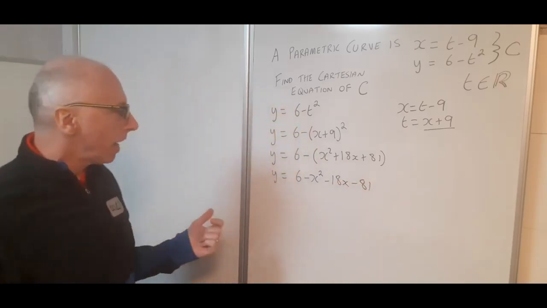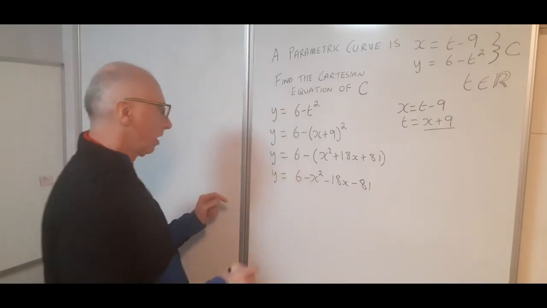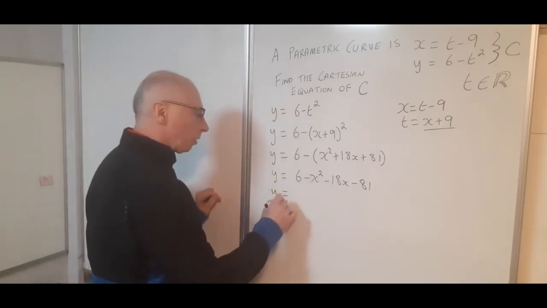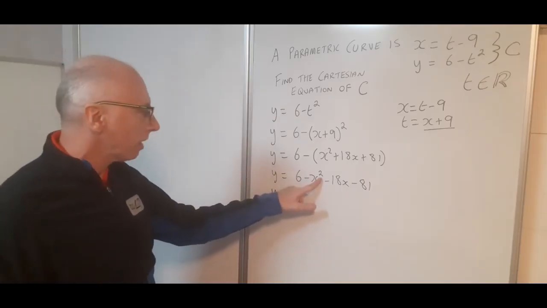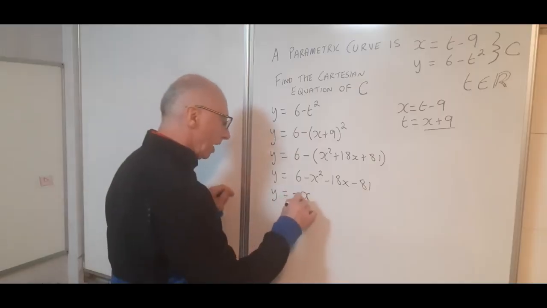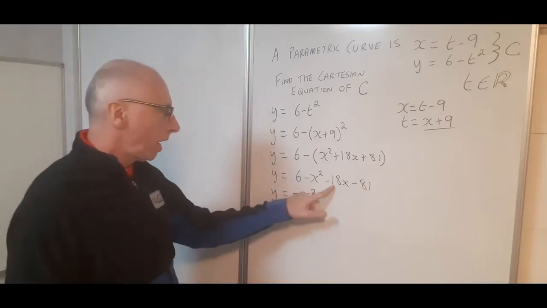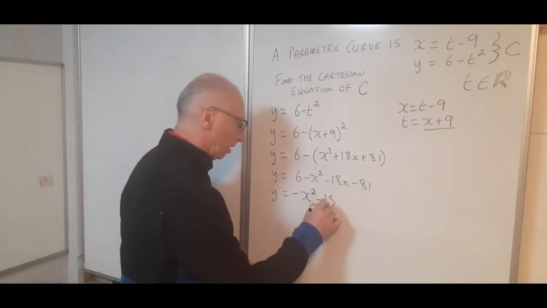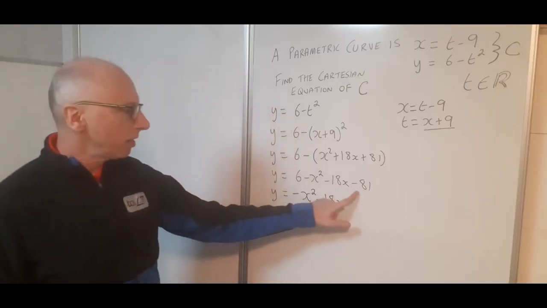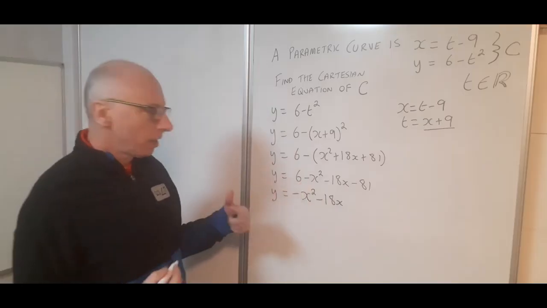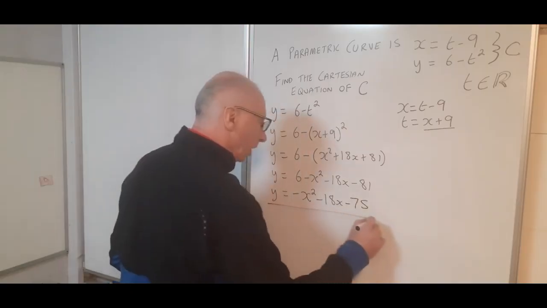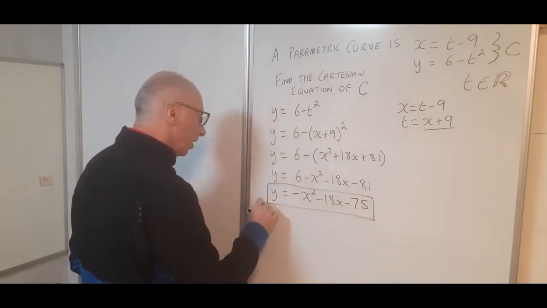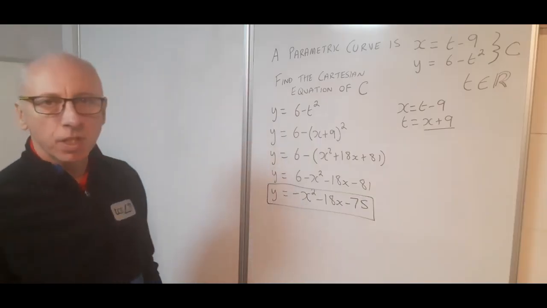All that's left to do now is simplify. So y equals, and we do it in terms of the order of the indices of x: I've got minus x squared minus 18x, and then minus 81 plus 6, so that gives me minus 75. And then we are done in terms of finding our Cartesian equation of C.